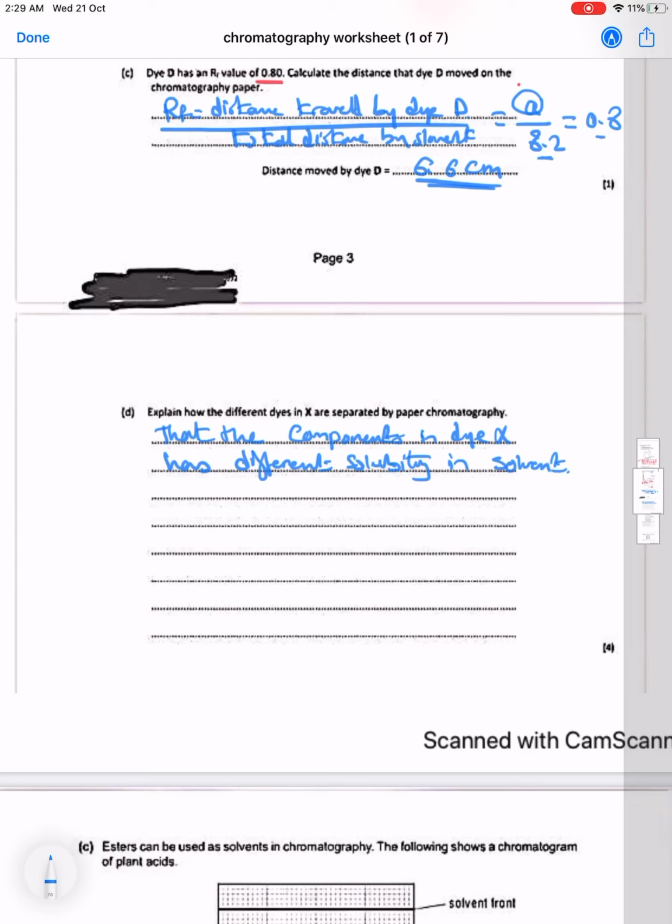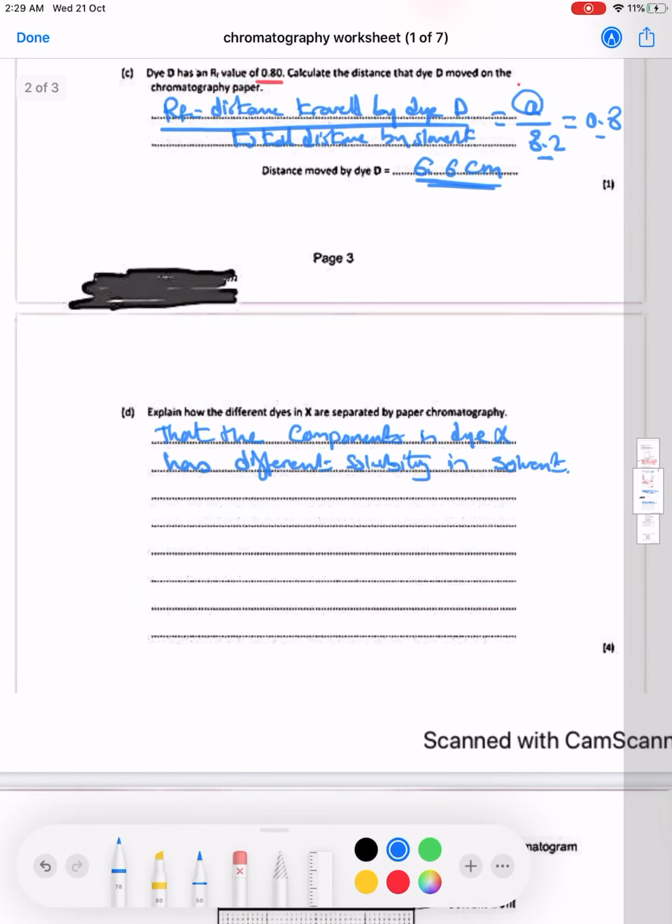Okay, and as well they have different absorption power to the stationary phase. Okay, and this is really the idea of chromatography. How soluble is it in the solvent, which is the mobile phase? Okay, I'm going to add that here. So let me add that the solvent here is the mobile phase.